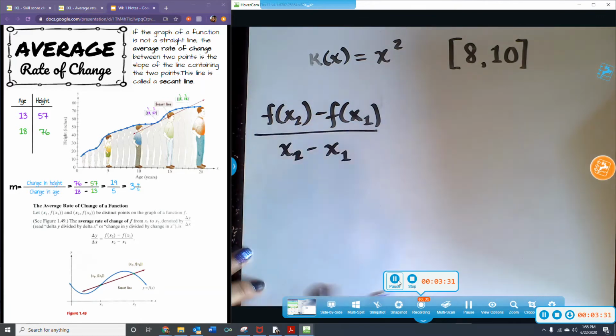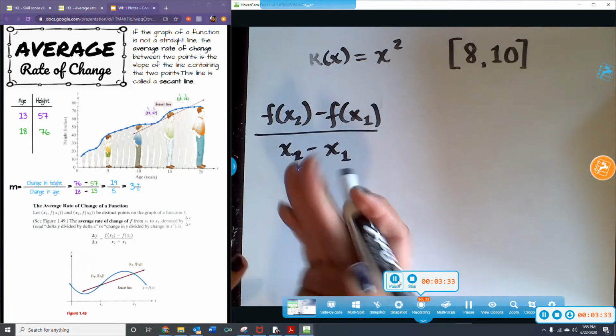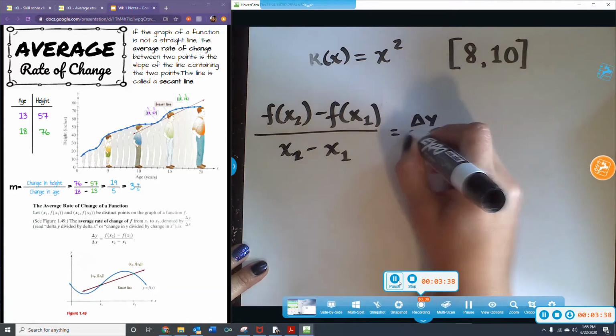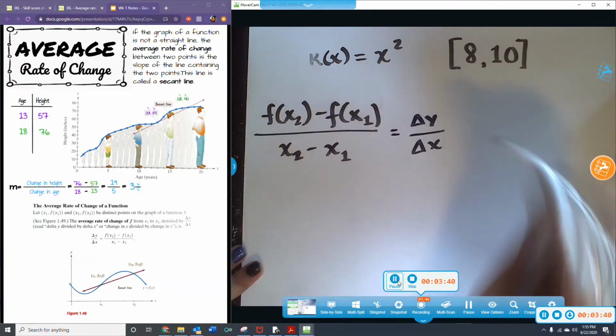That looks really funky, but let's keep it simple: we're looking for the change in y over the change in x.